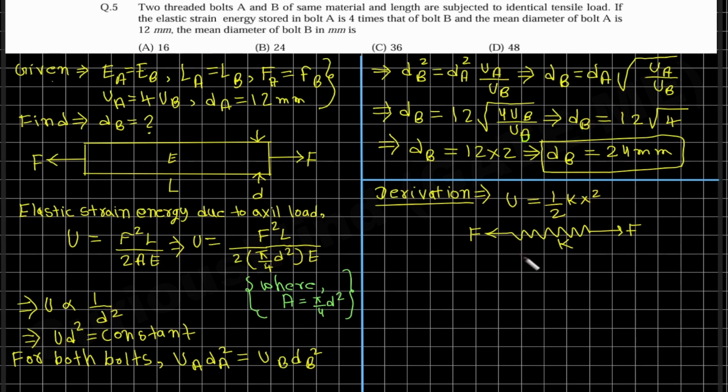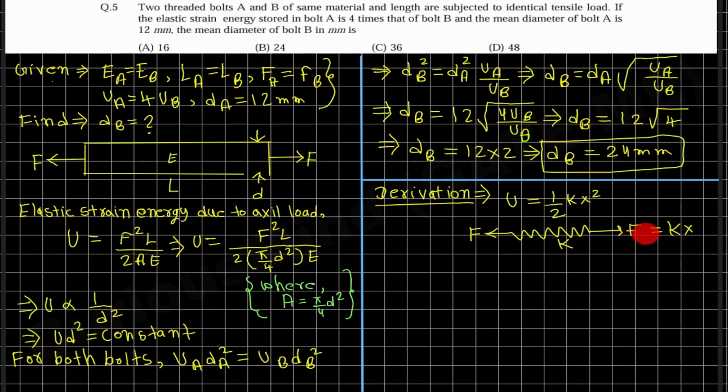Since we do not know the value or expression of K and x corresponding to the axially loaded bar, we try to eliminate them using the formula of F in terms of extension of a spring and spring constant.